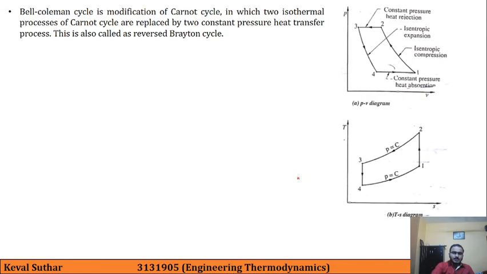So now we will discuss in detail the Bell-Coleman cycle. It is a modification of Carnot cycle in which two isothermal processes of Carnot cycle are replaced by two constant pressure heat transfer processes, and this is also known as reversed Brayton cycle.